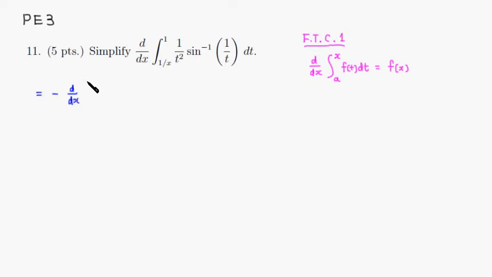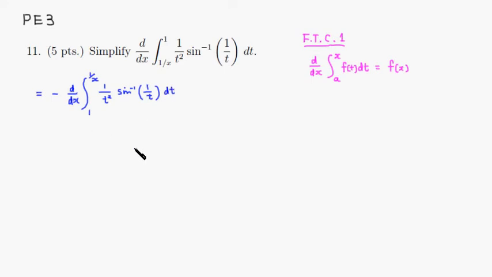By switching the limits, I'm going to put 1 on the bottom and 1 over x on top. Then the rest is the same, so I'll just copy that: 1 over t squared arc sine of 1 over t, dt.